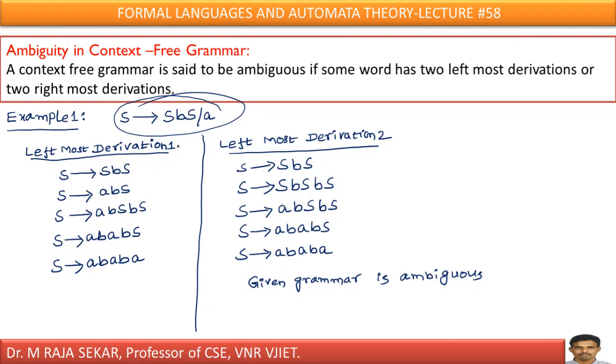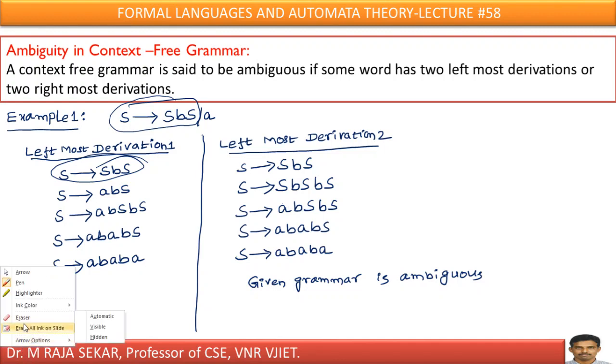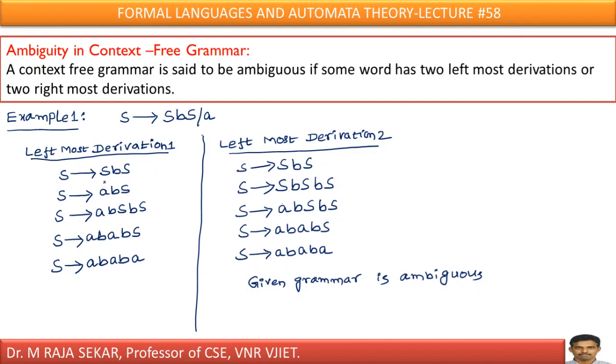Leftmost derivation 1. What is my leftmost derivation 1? S goes to SBS. Yes, we have this production, and I am copying that production. As it is a leftmost derivation, I must always try to replace from the left-hand side.